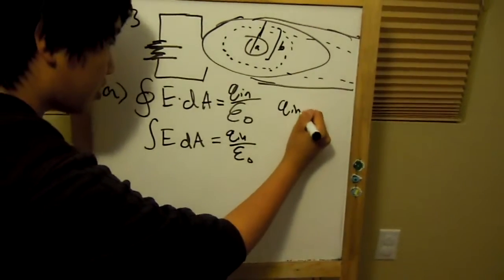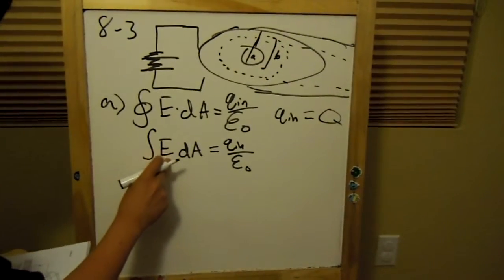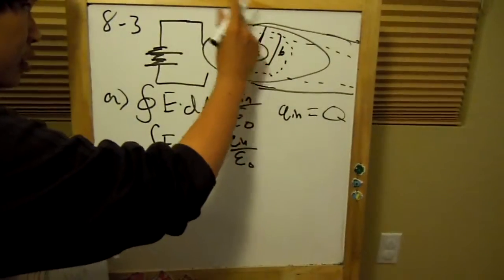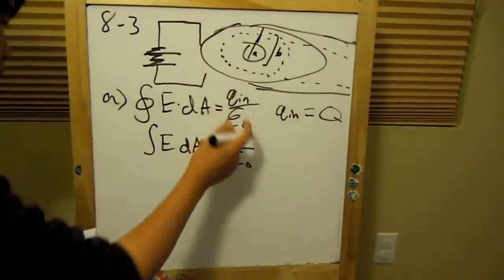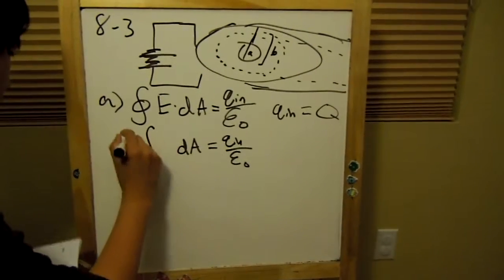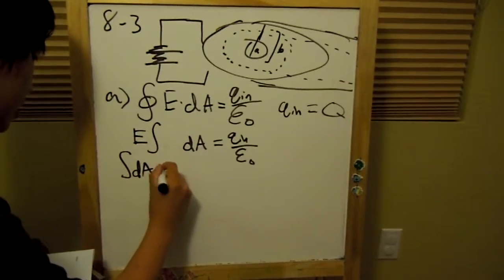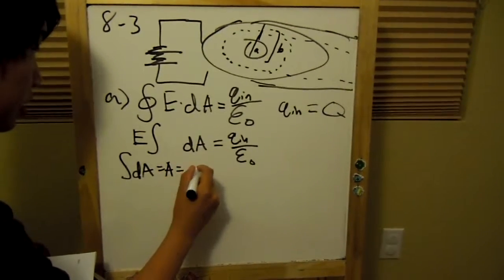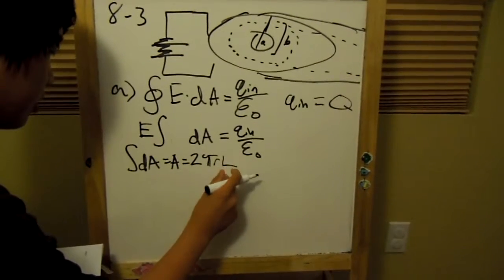The Q enclosed is given to us. It's Q. E is going to be constant because it's coming out radially outward, so we can pull the E out. And the integral of dA is the surface area, which is 2 pi r L.